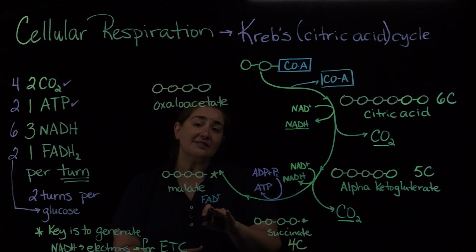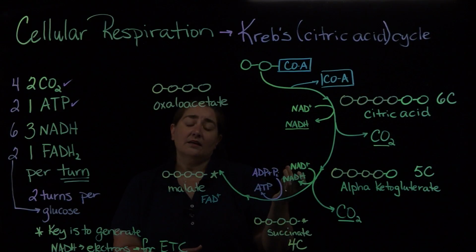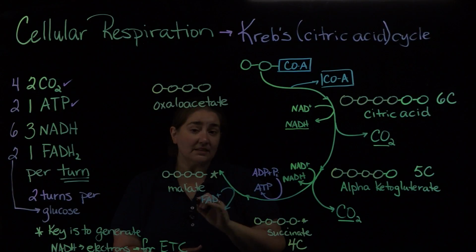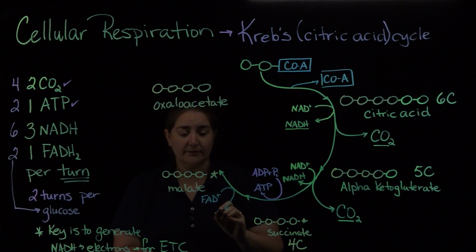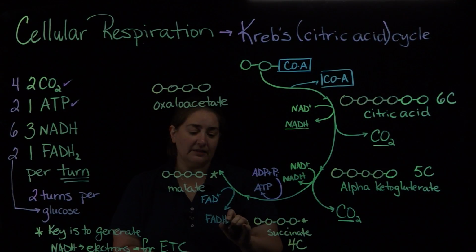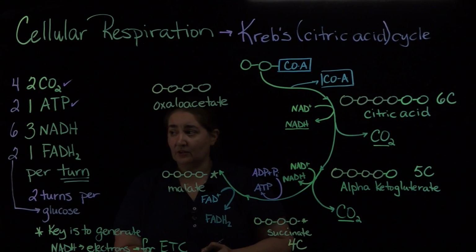FAD functions a lot like NAD. It carries electrons. It's just a different enzyme that will do that, okay? What we have happen here now is we get FAD converted to FADH2, okay? And that's going to also feed into our electron transport chain, all right?